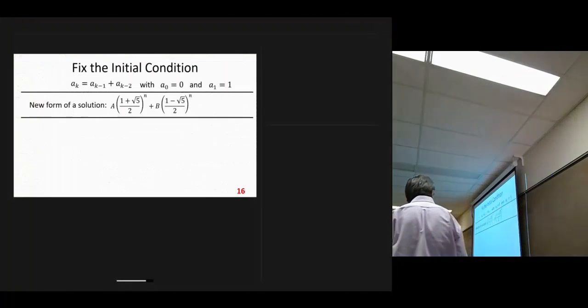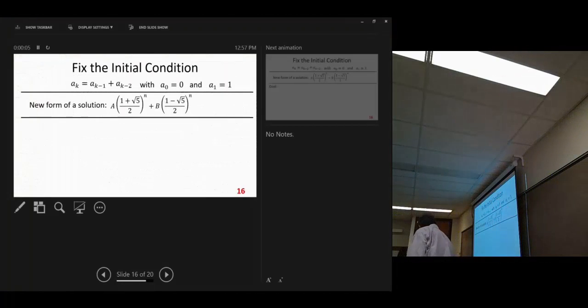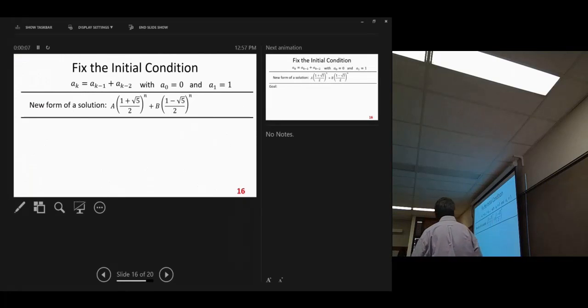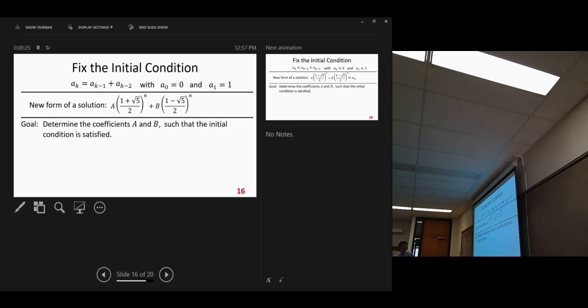Now we are ready to fix the initial condition for suitable A and B. Last step. The goal: determine the coefficients A and B such that the initial condition is satisfied.